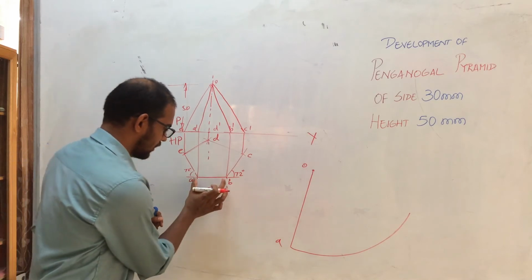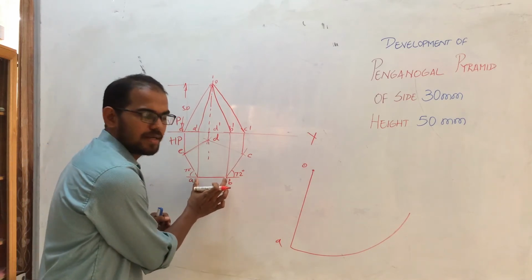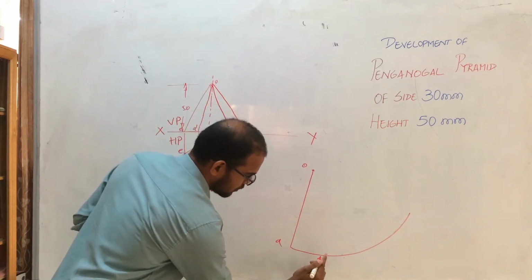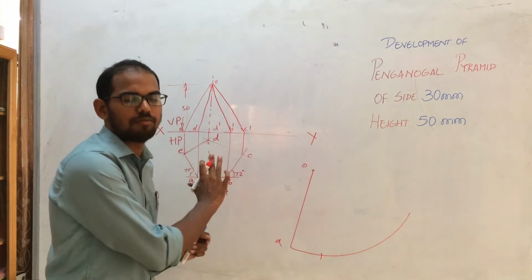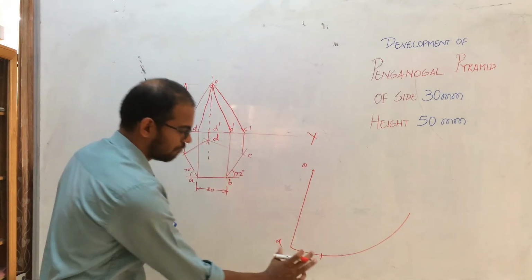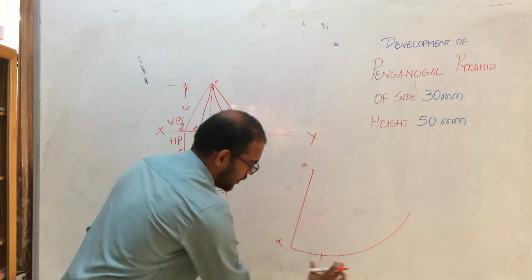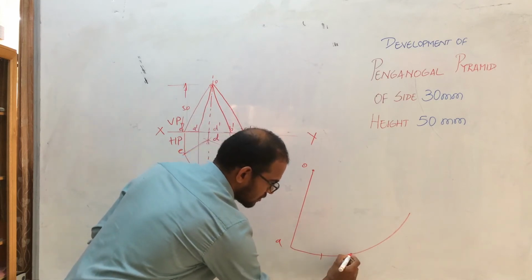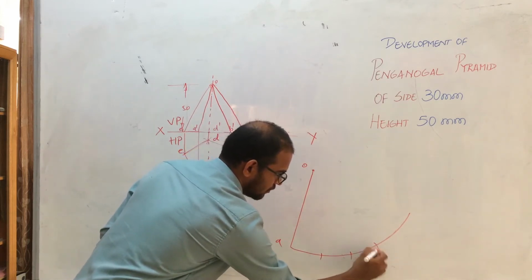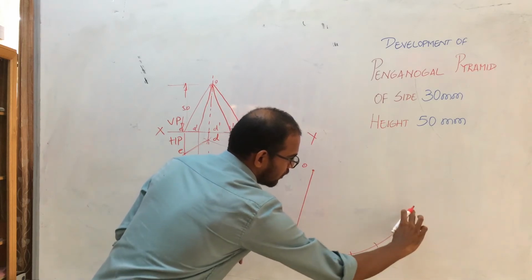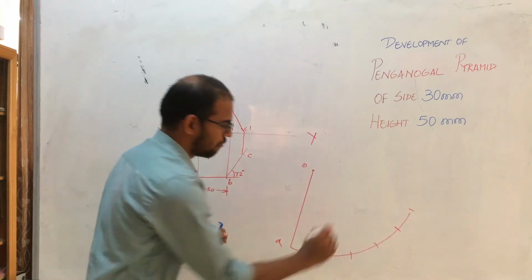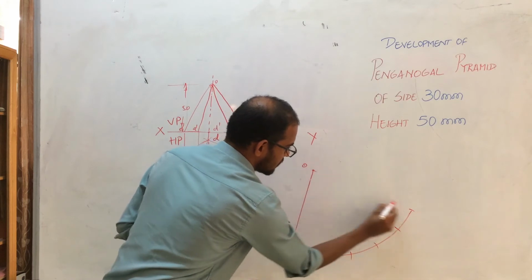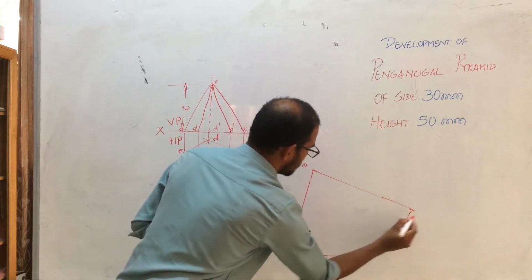After that, take 30 mm as radius. From this point, there are 5 sides, therefore we have to make 5 points. This is the first one, the second side, third side, fourth one and last side. So 5 sides are there. Join these points to the apex.